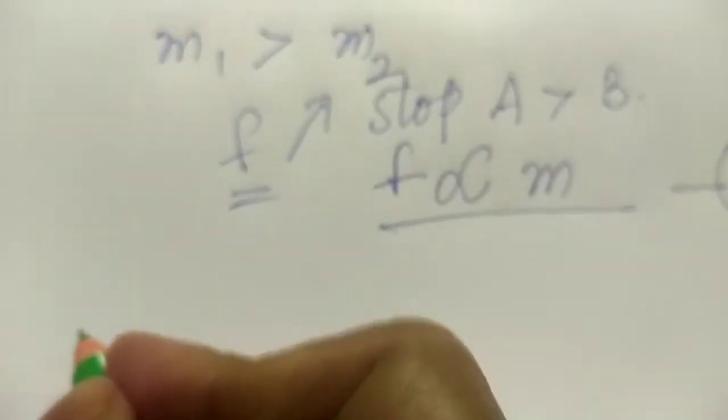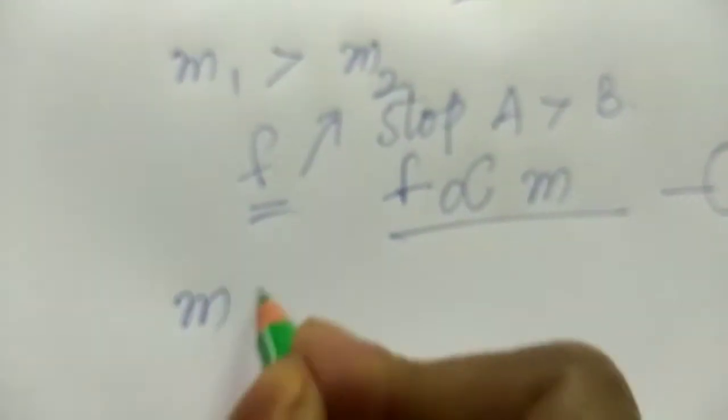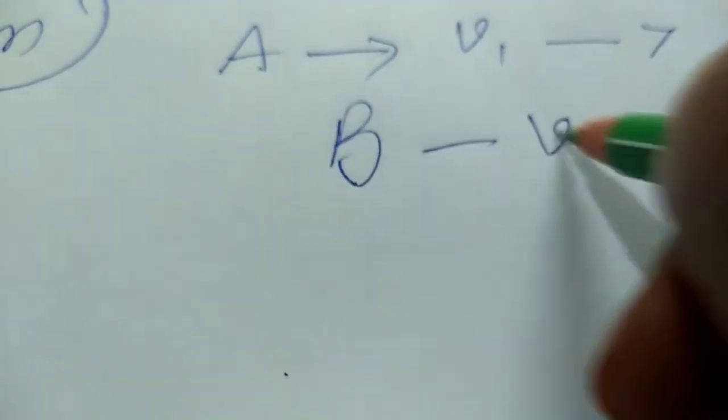Now, coming to the second example. Now, the velocities are different. The mass of balls A and B are, let it be m only, but the velocities are different. Let A be moving with velocity v1, which is greater than the velocity of ball B, which is v2.